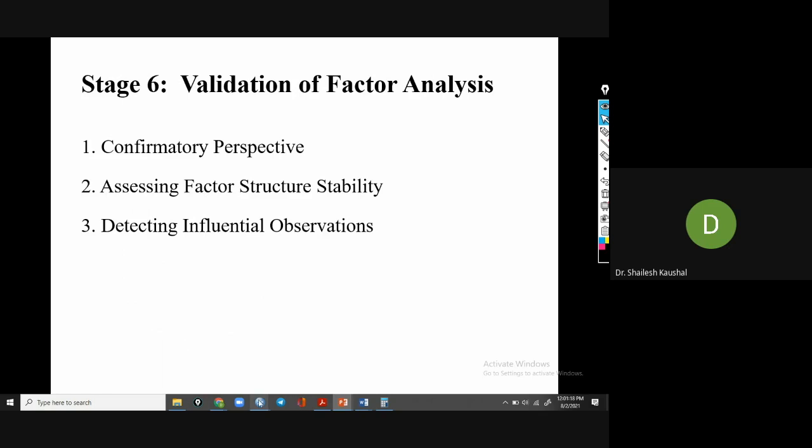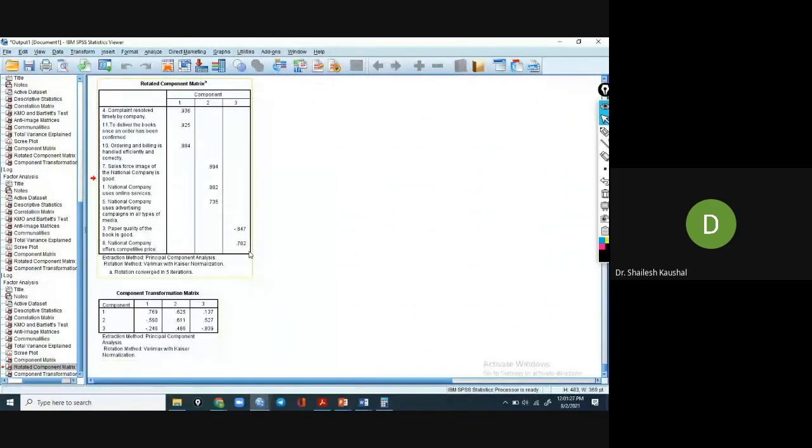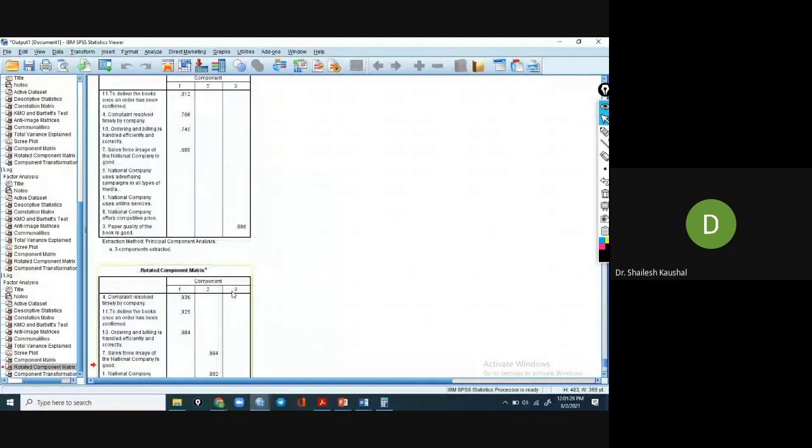And after that what will I do? I can club these variables, all three variables, 4, 11, 10. Okay, and then I am giving the name of this component marketing.